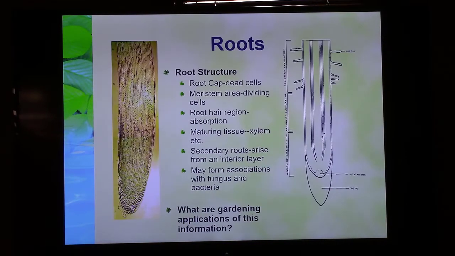Oh, one other thing. We're knowing more and more about this and respecting it more. There are a lot of plants that instead of relying entirely on root hairs, they have an association with a network of fungus that's in the ground.